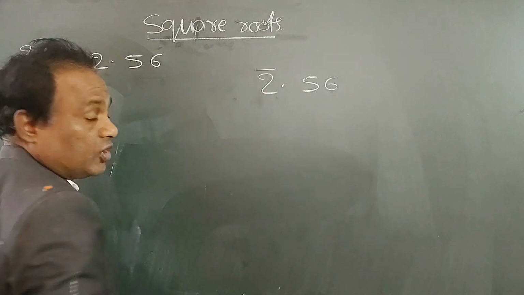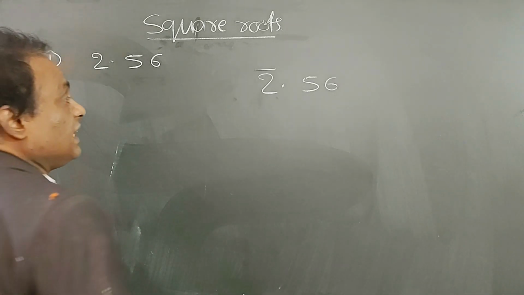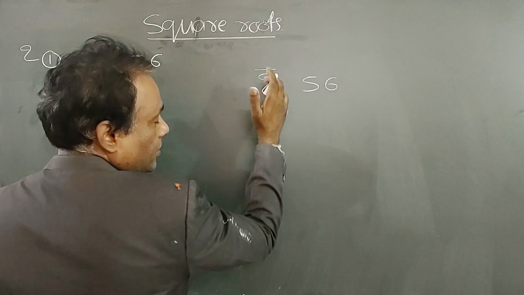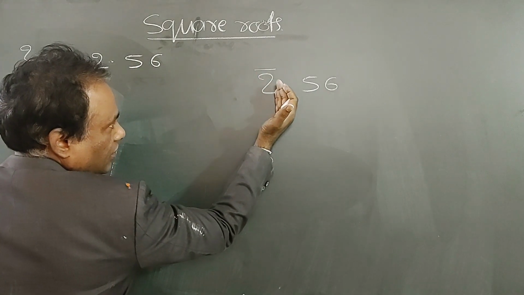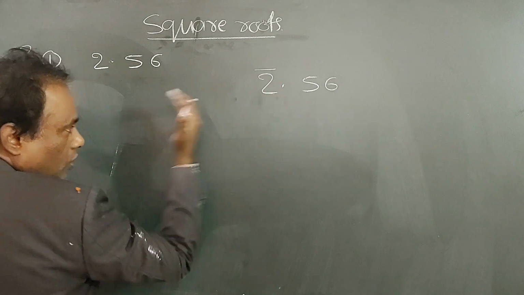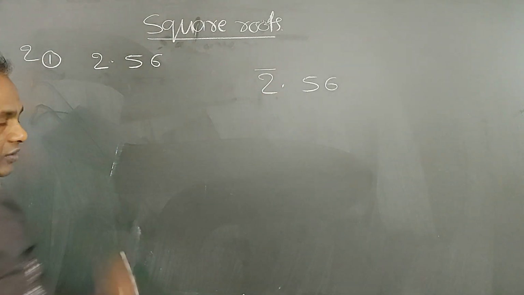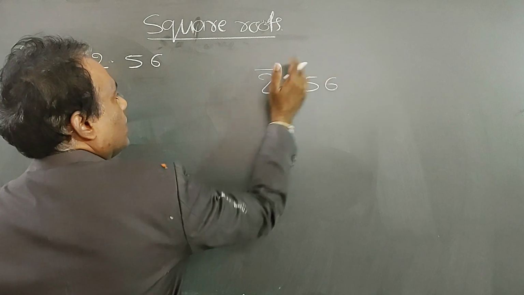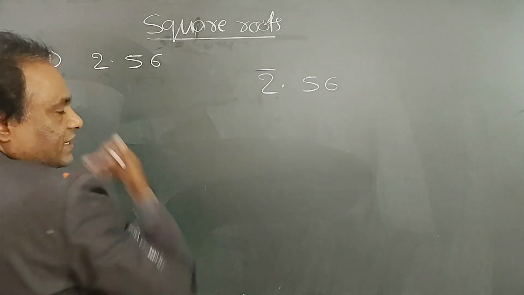We start from right to left, like what we do in general numbers. The integral part we consider as a general number, two numbers paired from the right end.